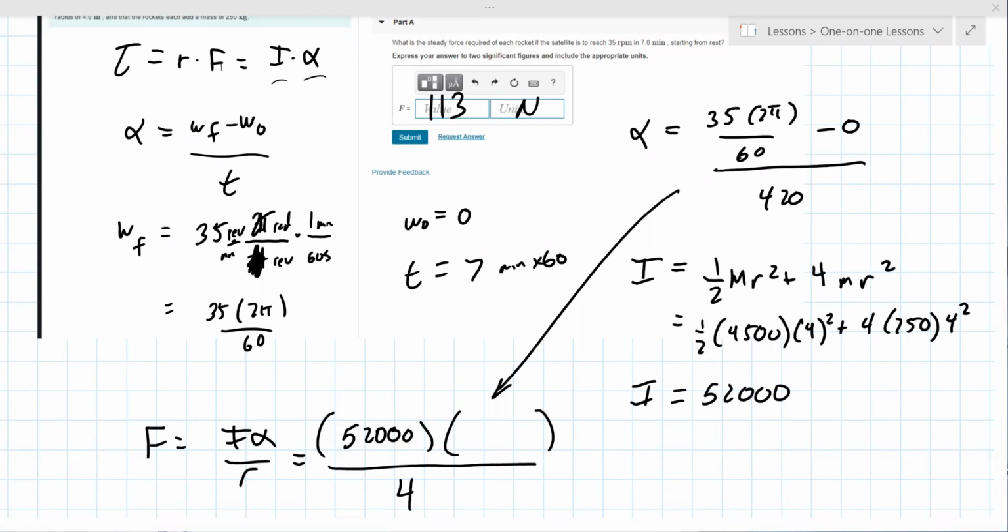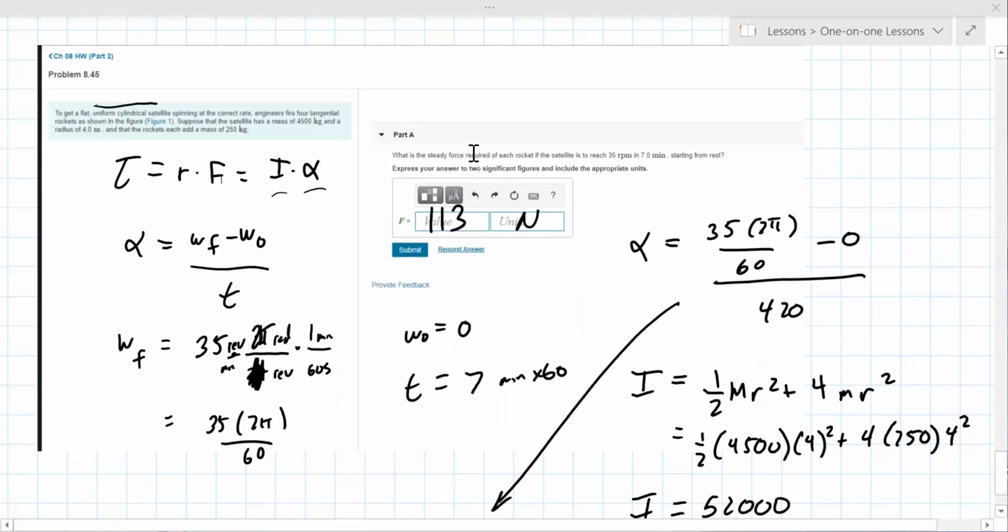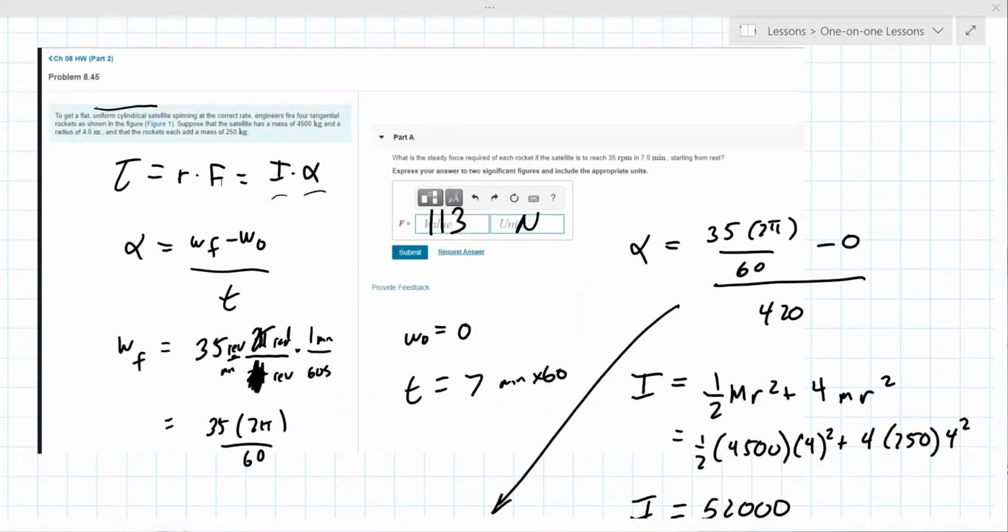Okay, well, let's see. Yeah, I don't know. I'll look at another reference here. I'll see if this one is any different. So they do the 2 pi thing. They do m r squared.